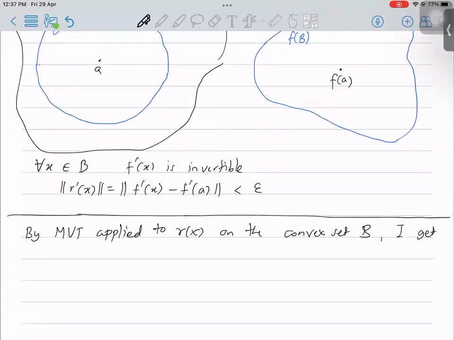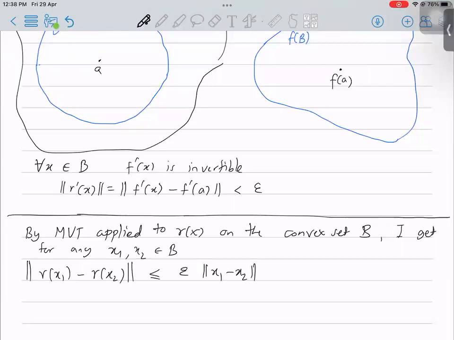So this is the crucial calculation. R of x1 minus R of x2, I get for any x1, x2 in B, this is less than or equal to what? So epsilon times x1 minus x2 norm. Exactly. Okay, very good.